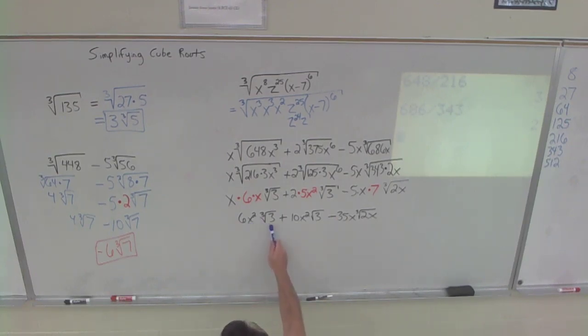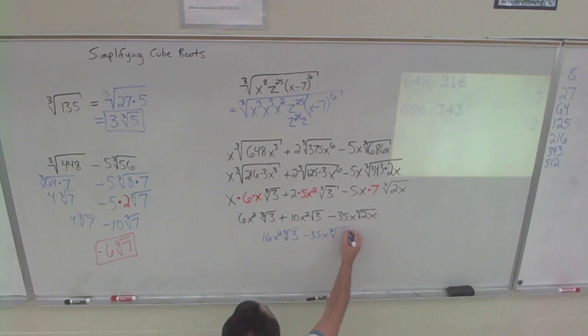These are x squared cube roots of 3. These are x cube roots of other stuff. So these go together. There are in fact 16 of the x squared cube roots of 3, and then there's the other stuff. That's as simple as this problem gets. Right there.